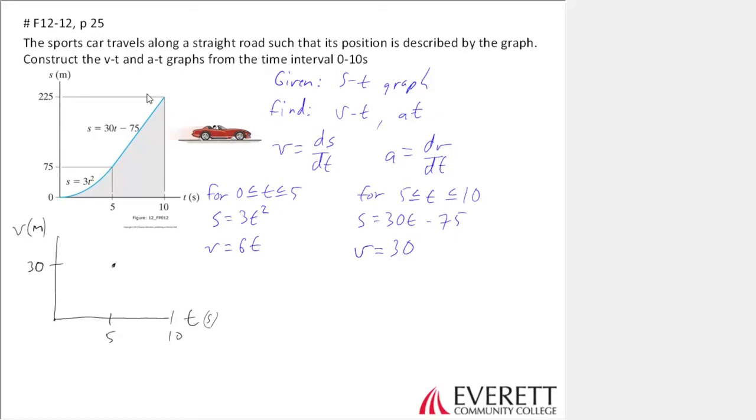I know it's a straight line because it's a linear equation. So there we go, v equals 6t. This is meters per second. From there, v equals 30, we have a straight line. Any questions about that?